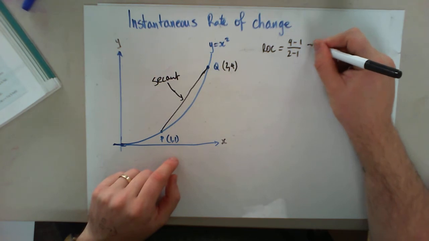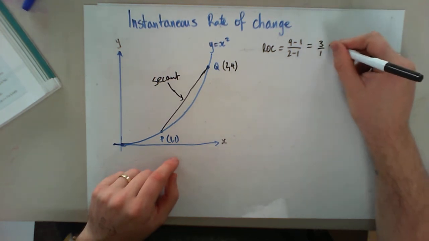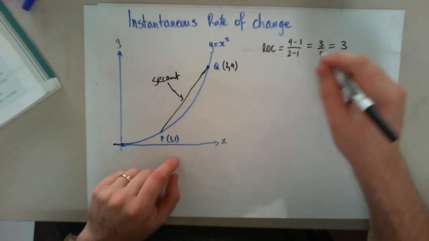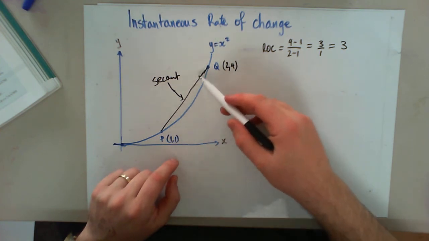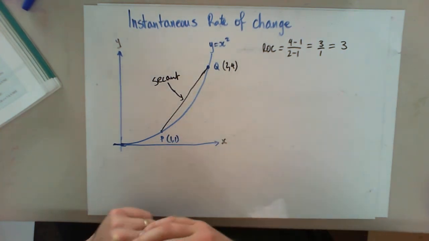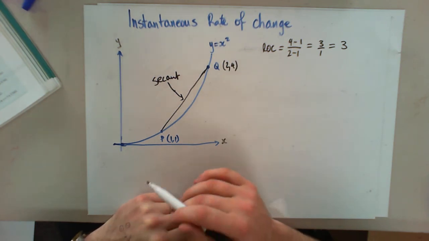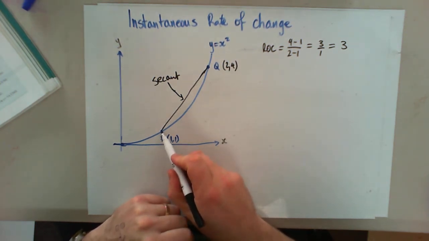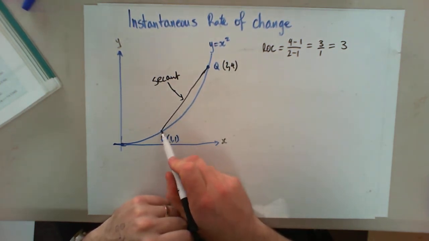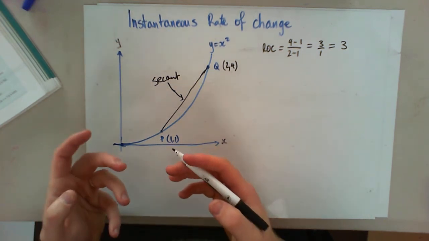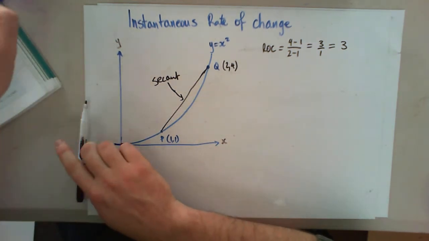That's going to give us 3 over 1, which is just 3. So the rate of change, or the gradient, of that line is 3. Now, we can see though that the slope of the curve at P looks like this, so we're not actually that close.